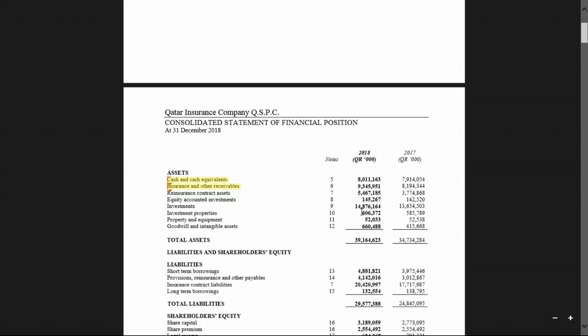Now, there are also reinsurance contract assets and equity accounted investments.